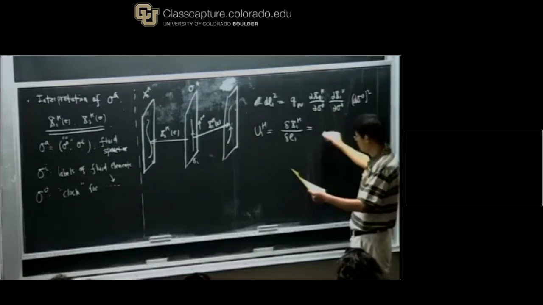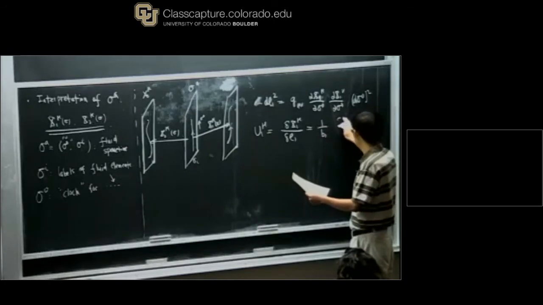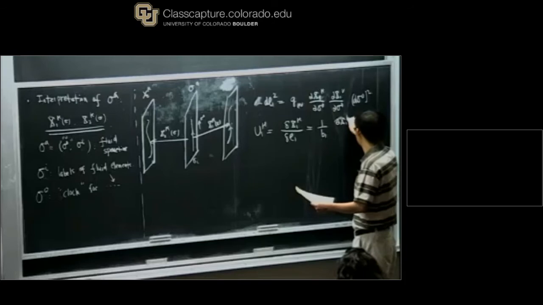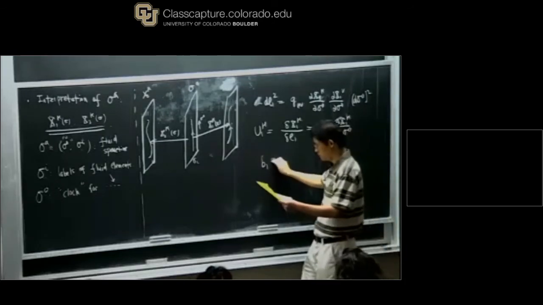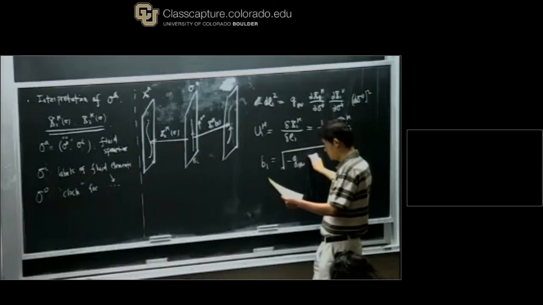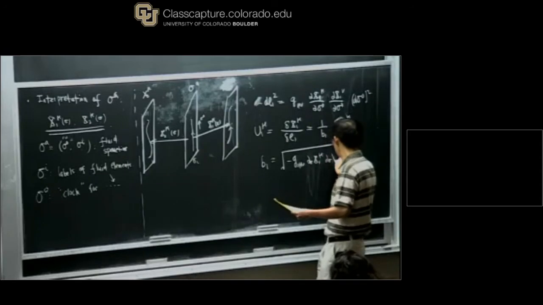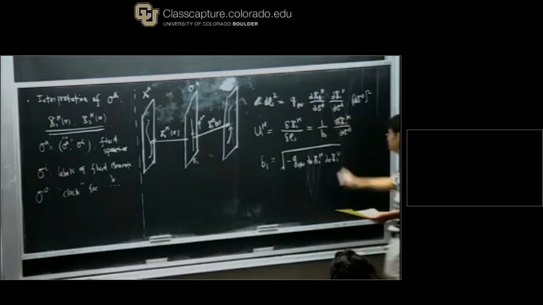So this is the same as 1 over B1 times partial X1 mu partial sigma 0, where B1 is just defined to be the square root of minus G mu nu partial sigma 0 X1 mu partial sigma 0 X1 nu.